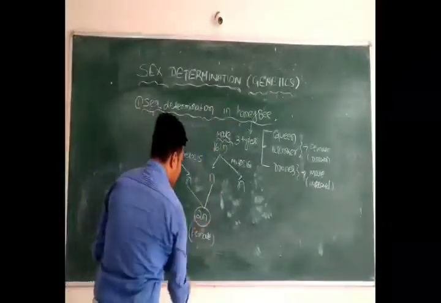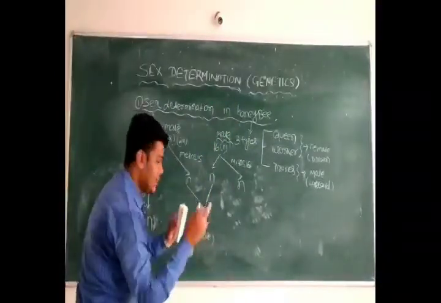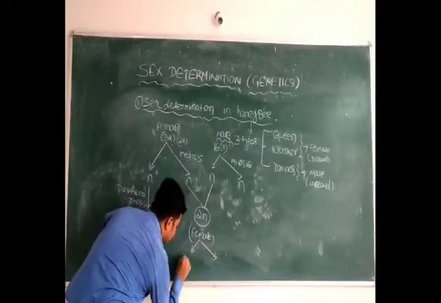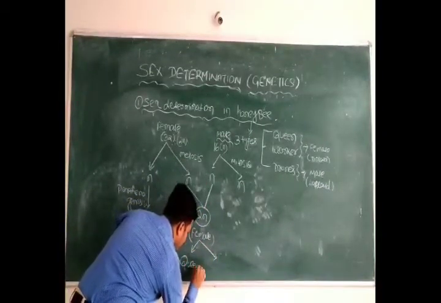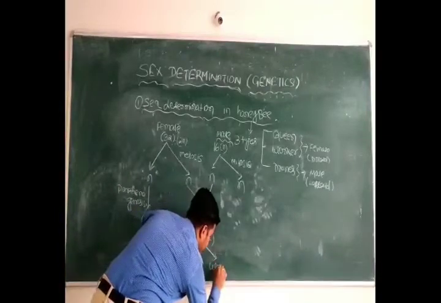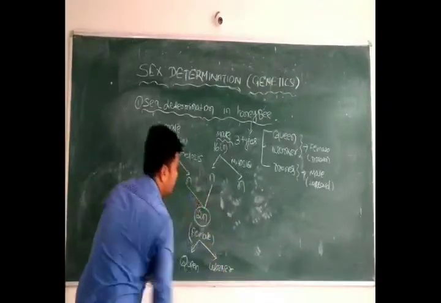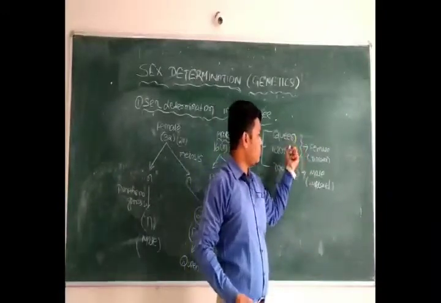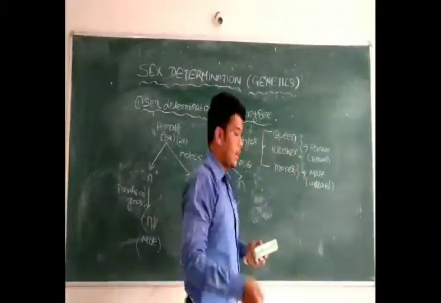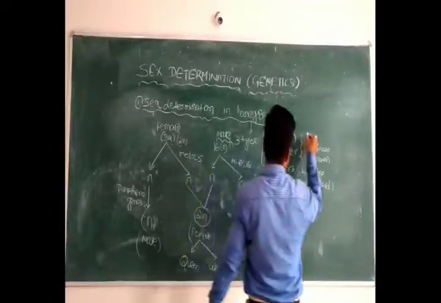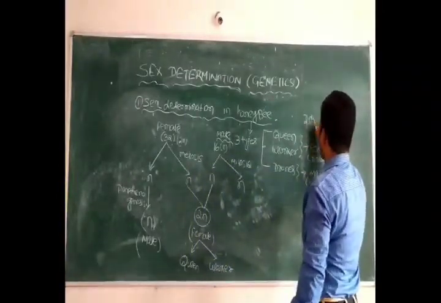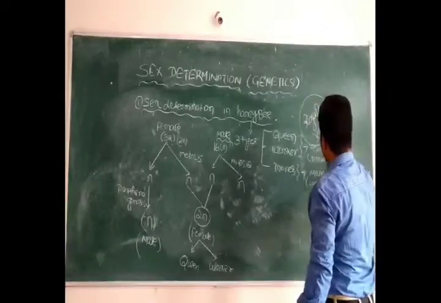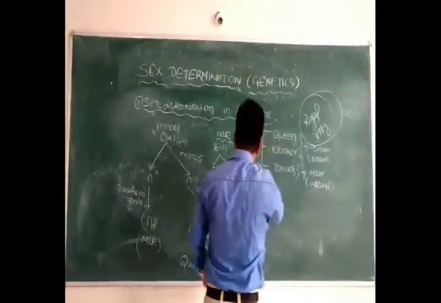Next, the female honeybee is generally of two types, that is queen and worker. What is the difference between queen and worker? Here one important term is royal jelly.